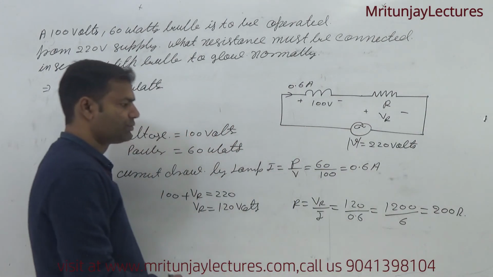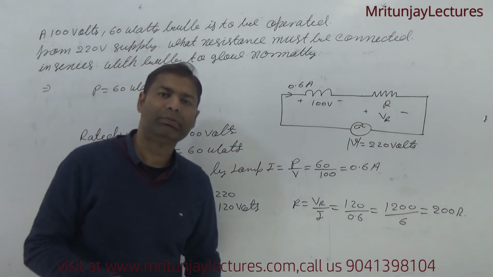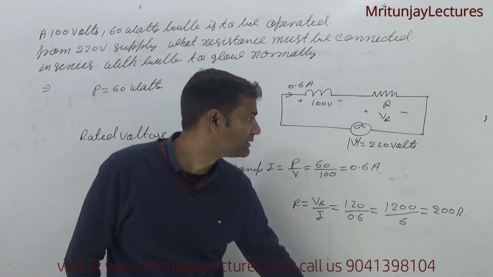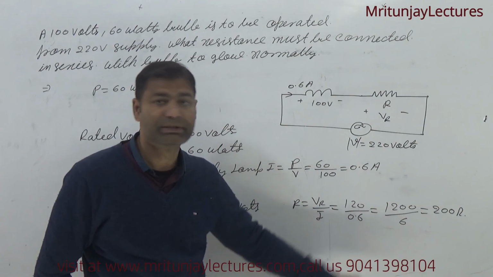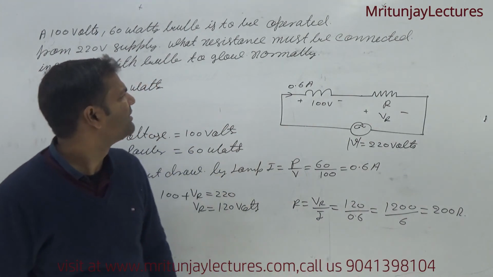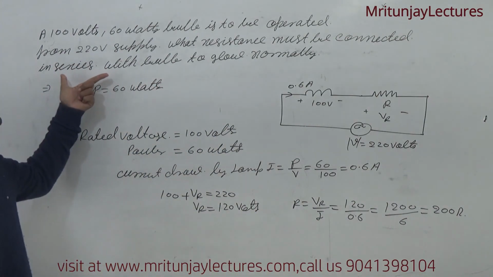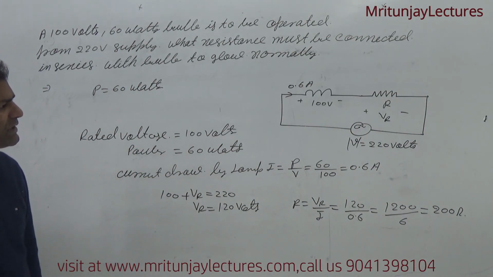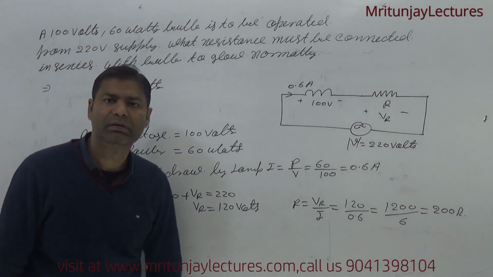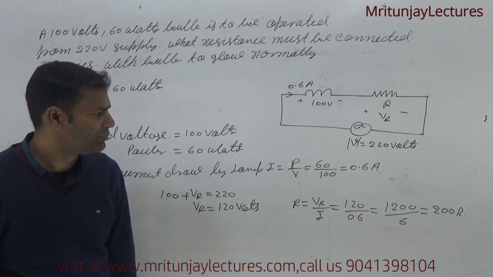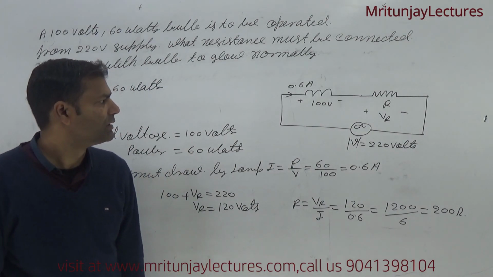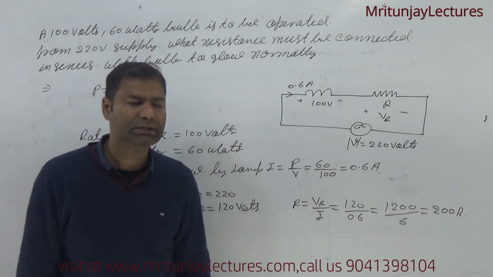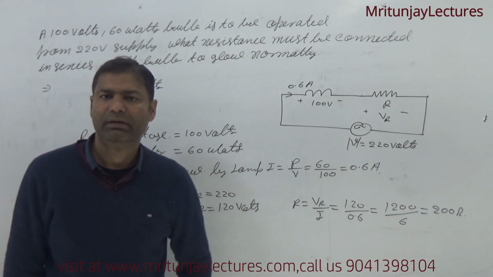So if 200 ohm is connected here with a supply voltage of 220, then the bulb will glow normally. The question asks how much resistance is added in series with the bulb: a 200 ohm resistance. Okay, so first of all make it.